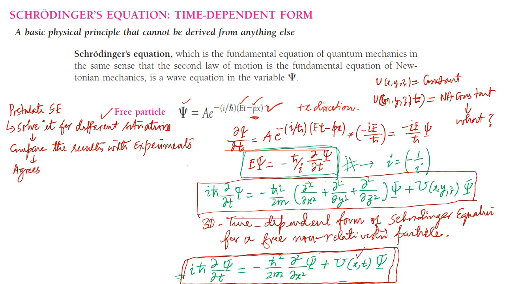If the result agrees with the experiment, that means the postulate and the Schrodinger equation are valid.